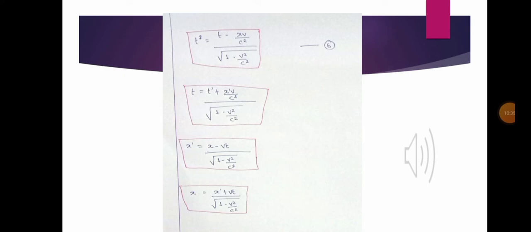Again, x dash is replaced by x and v becomes negative. Now x equals x dash plus vt upon root over 1 minus v square by c square. This is the fourth Lorentz transformation equation. These are the relations of Lorentz transformation.